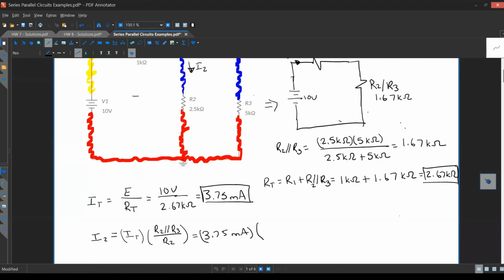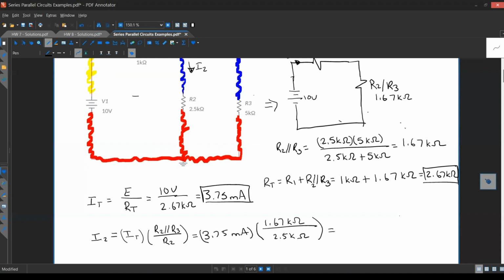And we know our parallel combination of R2 and R3 is 1.67 kilohms, divided by R2, which is 2.5 kilohms.